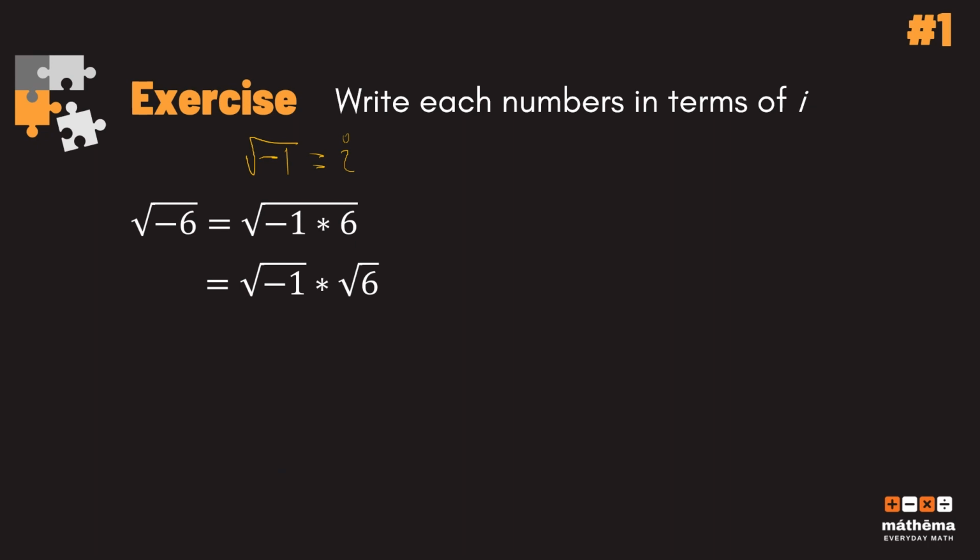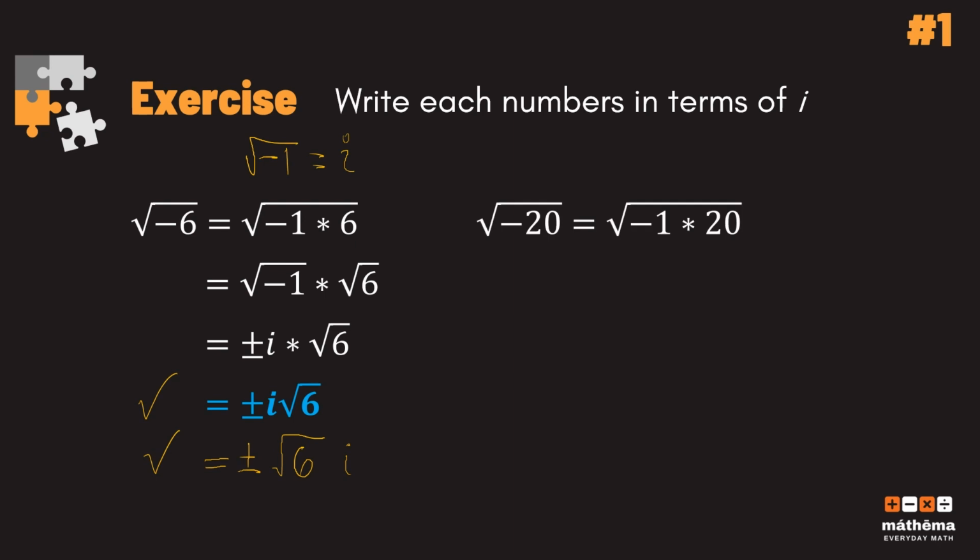The square root of negative 1 is I, and 6 is not a perfect square, so we leave it as is. Our answer will be I times the square root of 6, or you can also write it this way, square root of 6 times I. Both are correct, just a matter of preference in writing.